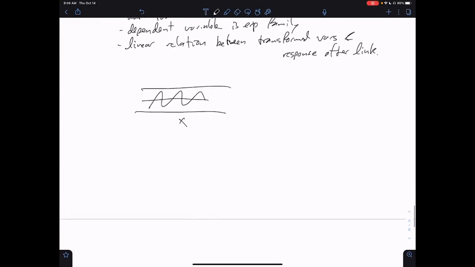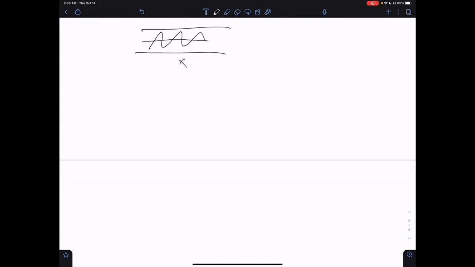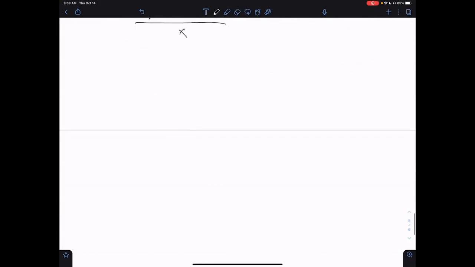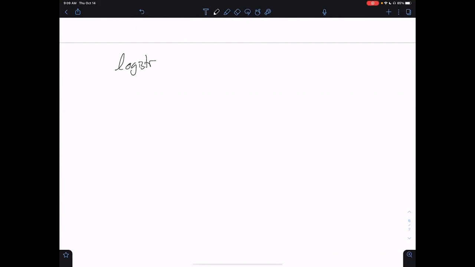Okay, so we're getting to the end here. Let me do an example of logistic regression, just so we can see how the parts fit together. So logistic regression from the point of view of a GLM. The link function is logit.